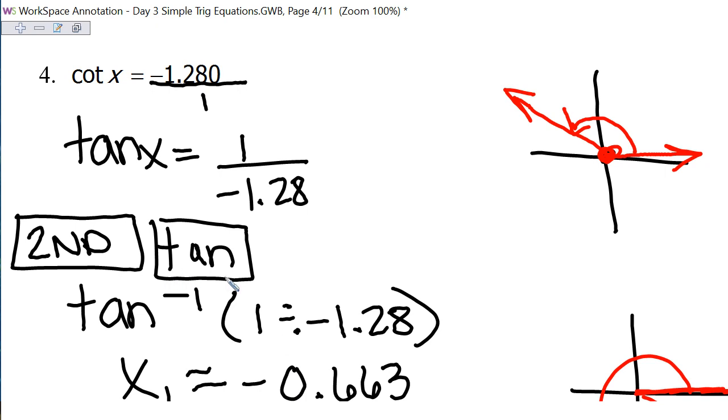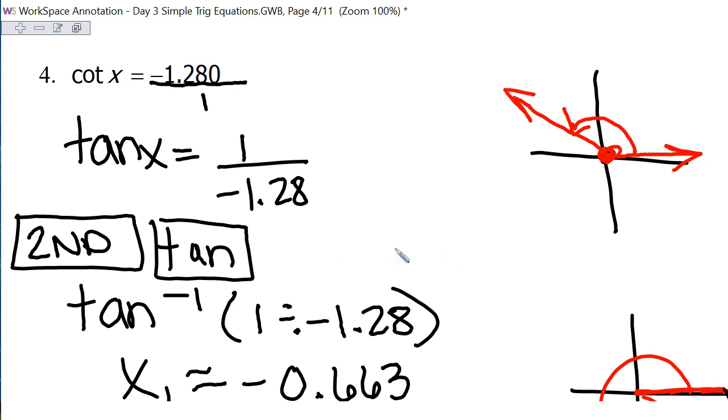So back to our previous answer, negative 0.663. Now remember, that's our angle. So if my angle is negative, did I rotate counterclockwise? If your angle is negative, that means we rotated clockwise. So this negative 0.663 is actually this portion right here. But is that what we want?